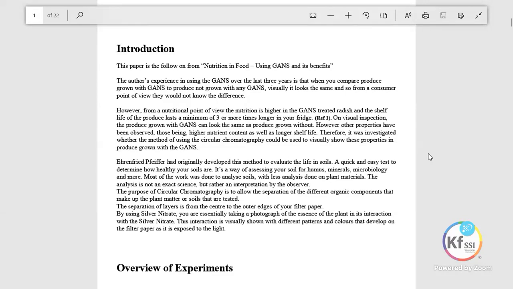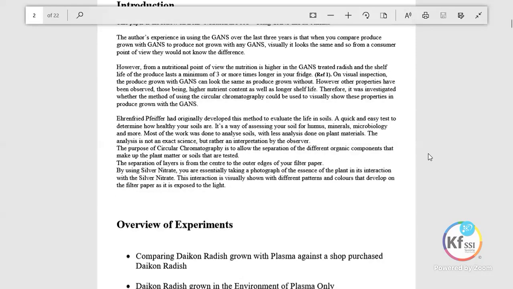So I had come across circular chromatography, which was invented by Ehrenfried Pfeiffer. He'd originally developed this method to evaluate the life in soils, almost 80 or 90 years ago.